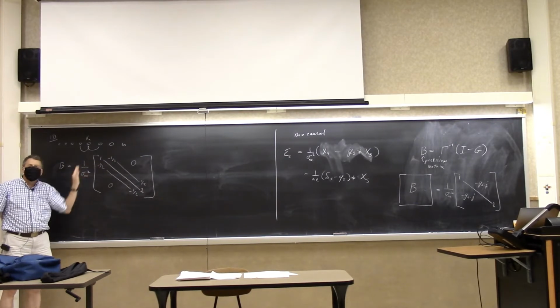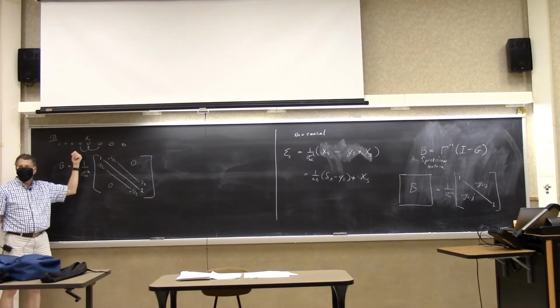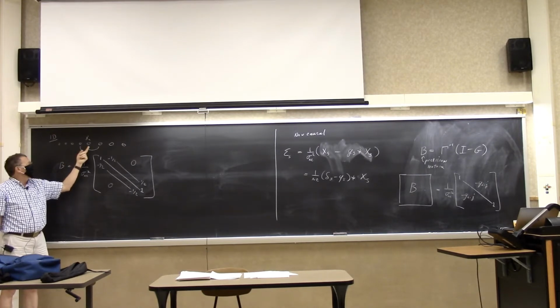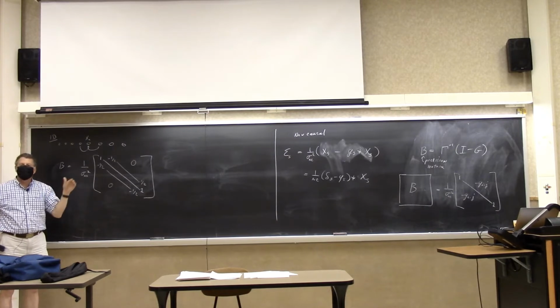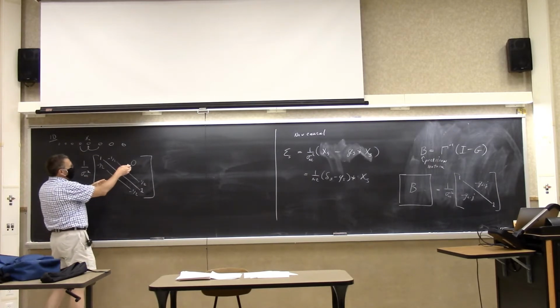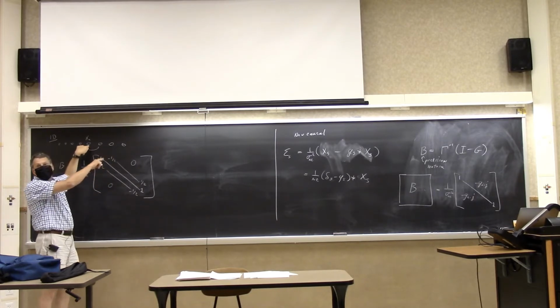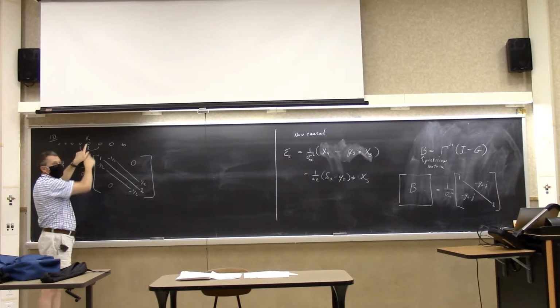Usually the off-diagonal elements are negative because for a typical case, the signal is low pass, and if you want to predict a point, you average its neighbors. You could have a high pass situation where you take the average and multiply by minus 1 because the signal's oscillating. But in a conventional low frequency variation case, you take the average of the neighbors. The zeros out here mean these points are not neighbors. If they're not neighbors, this point is conditionally independent of that point given the neighboring points.